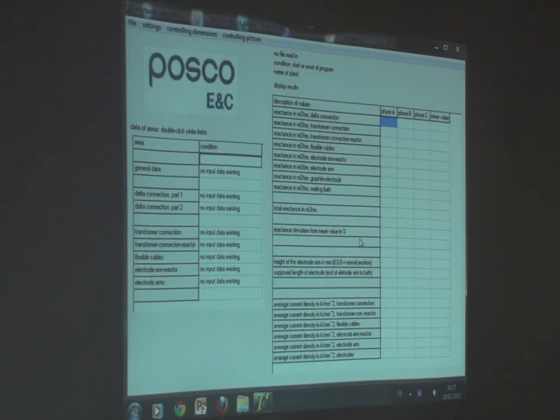The current of the system, I'm writing here. This is S, the square root of P squared plus Q squared. P is the active power, Q the reactive power. This is the Scheinleistung in Germany.